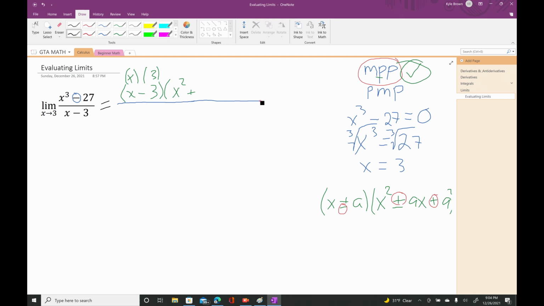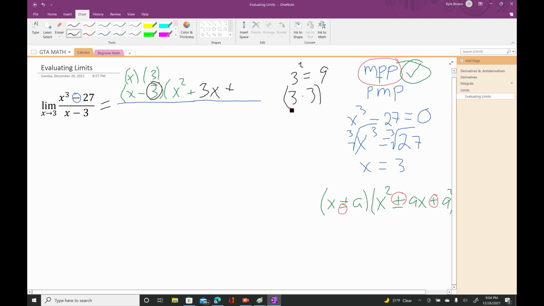And then we're going to add a times x, which is going to be 3x. And then we have plus 3 squared, which is here. 3 squared is 9, because 3 squared equals 9, which is the same thing as saying 3 times 3. And then we get here and we end up with 9.